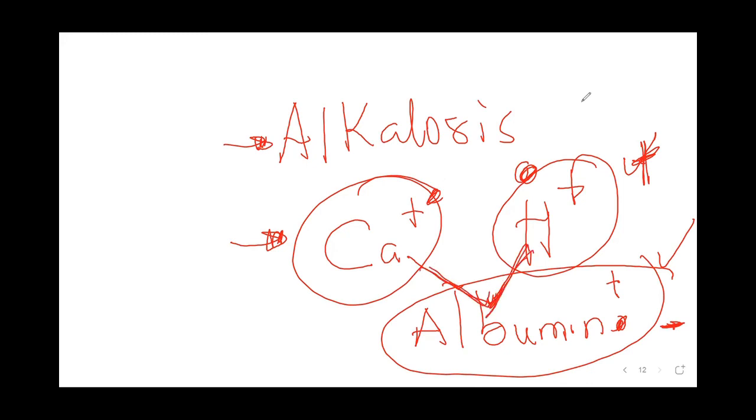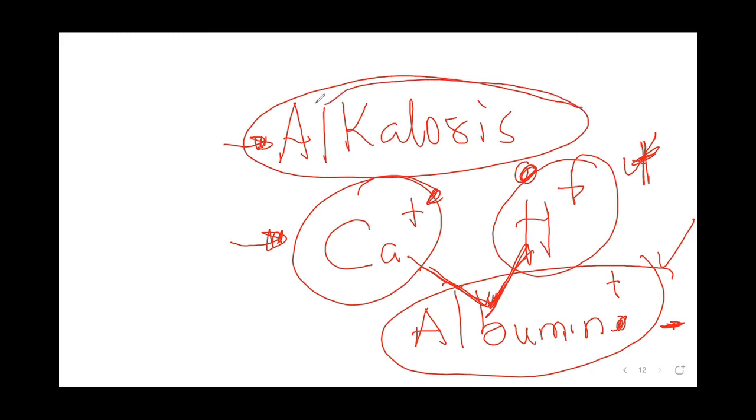But this patient is alkalotic. So you should go and check the relationship between alkalosis, acidosis, calcium, serum albumin, and a patient with gastric outlet obstruction.